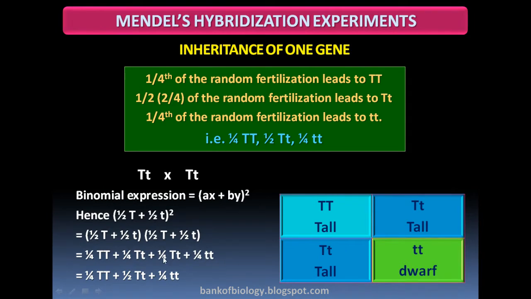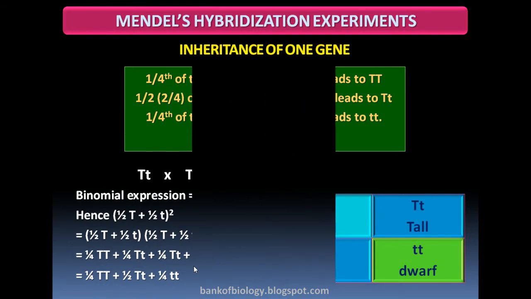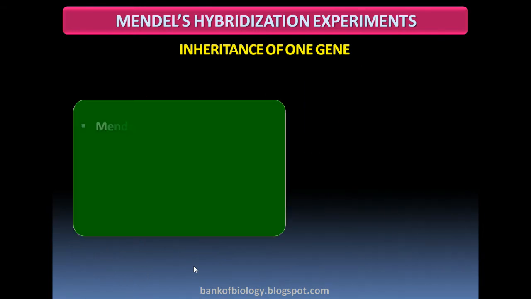So this is the binomial expression of the inheritance of one gene, representing the F2 generation in a monohybrid cross.